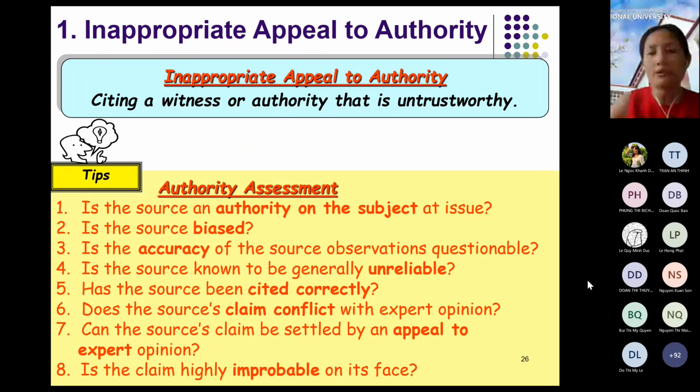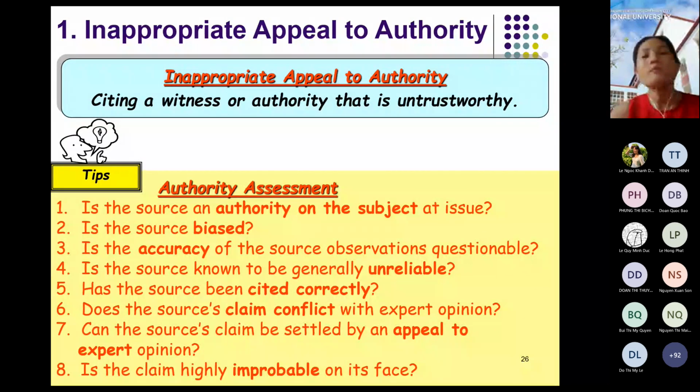You must check the source carefully: whether it is trustworthy, whether there is any bias inside it, or whether the source is representative of the information or not. On this slide, you can see we have a list of questions. You can use these questions to assess the authority before you cite it.